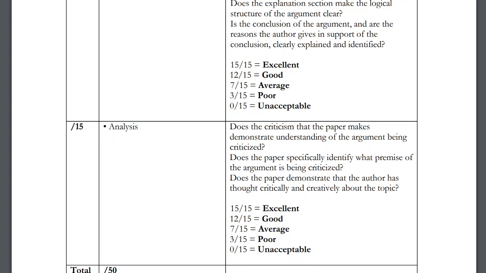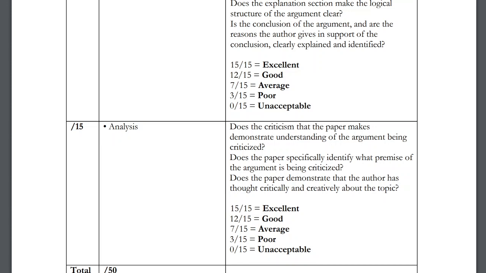And a general comment about grading, especially in your analysis section: the best papers that would receive, for instance, an excellent 15 out of 15 grade would be those papers that show the most critical thinking, the most creativity, the most real philosophical thought about the issue at hand.